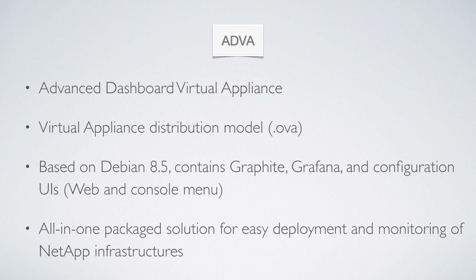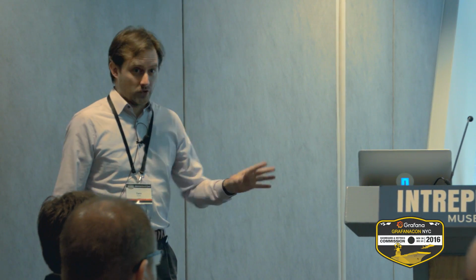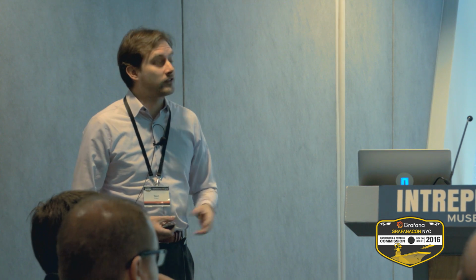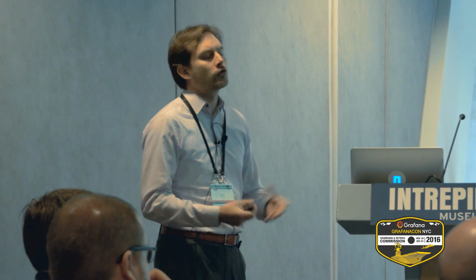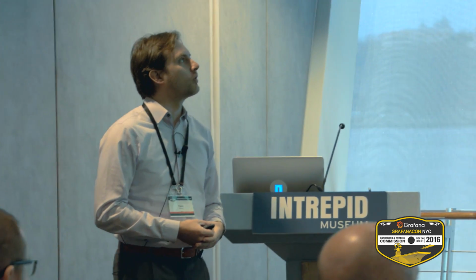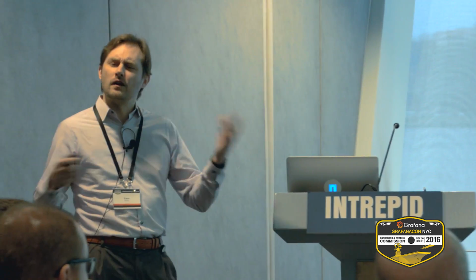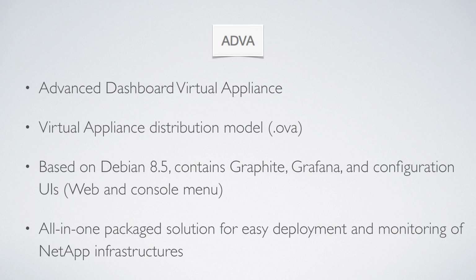And sometimes the storage team doesn't want to have to deal with installing the Linux server, having to deal with the Graphite installation, which can be kind of a challenge. That's usually the part where people were struggling. And then the Grafana installation was a little bit easier, but it was kind of confusing a while back when Grafana was just running in the browser. You kind of had to deal with IPs and make sure that the IPs from the perspective of the browser made sense, that kind of stuff.